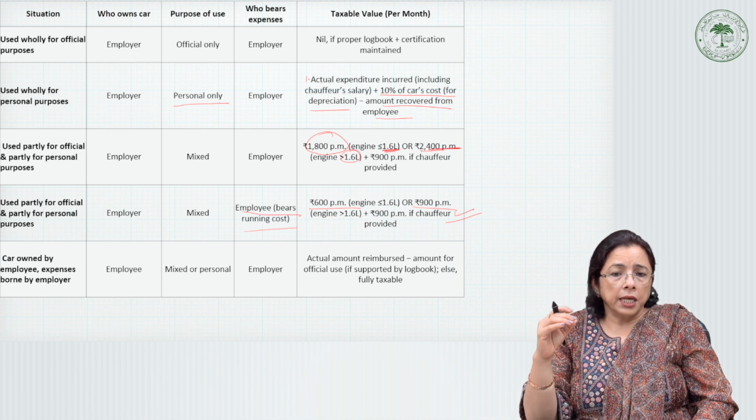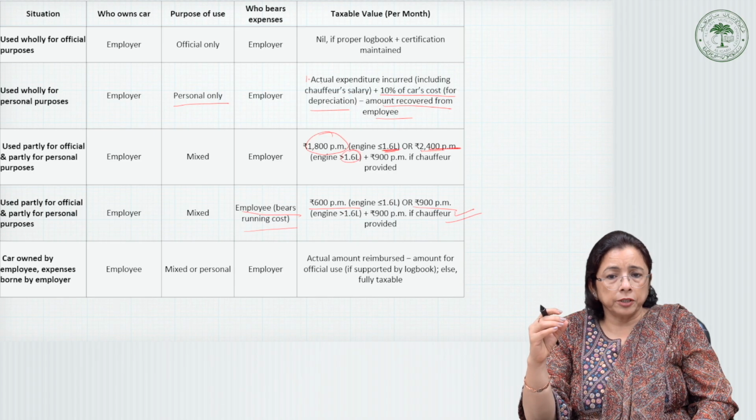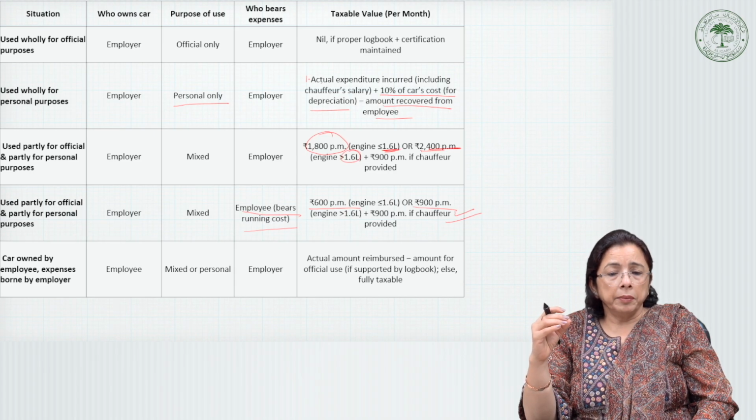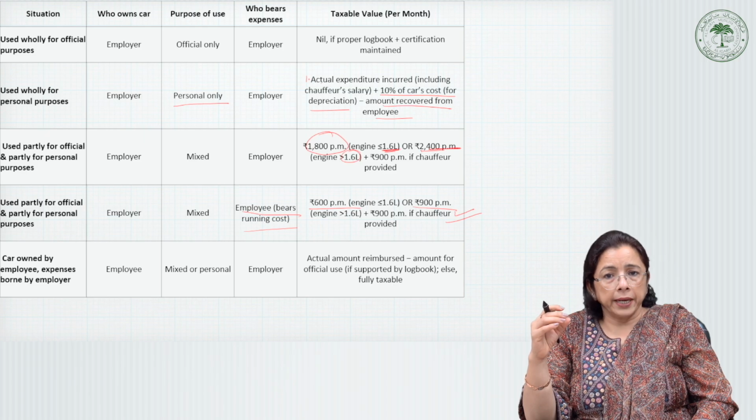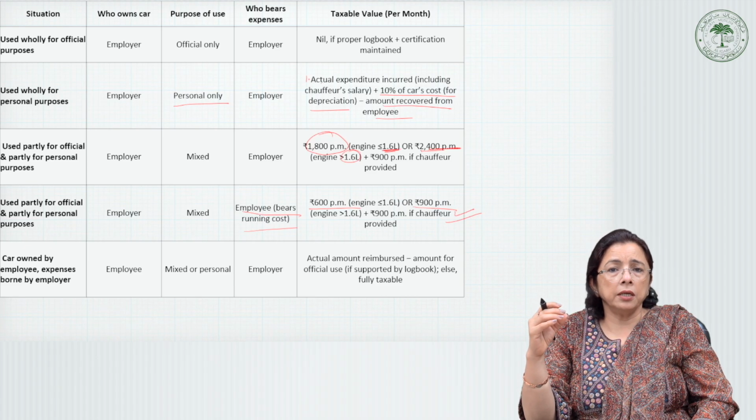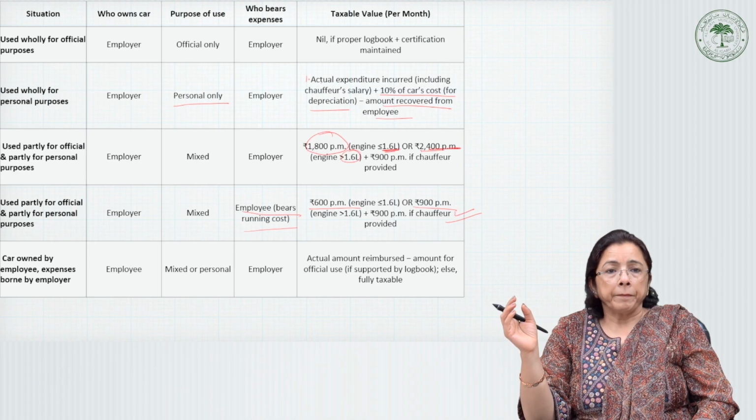Similarly, if it is a large car, then the value of perquisite should be the actual amount of expenditure incurred by the employer, less 2400 per month plus 900 per month for the chauffeur or driver, if any, provided the prescribed conditions are satisfied.